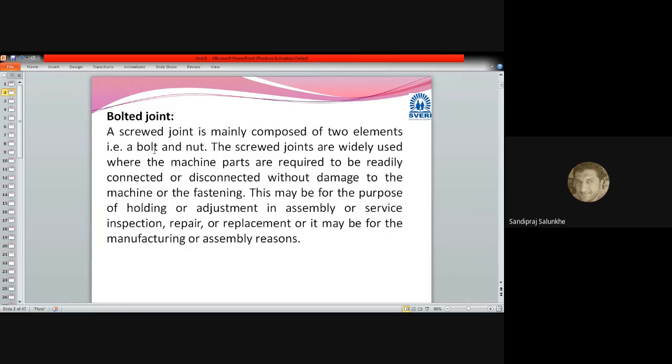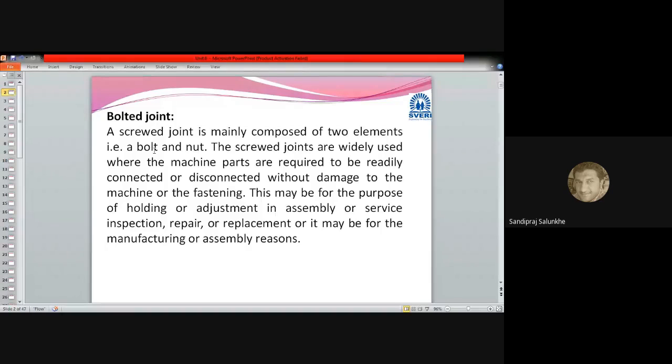Our syllabus has not included all these things, so it is assumed that you have already studied threads, and the required part we'll study in this unit. Threads play a very vital role in these bolted joints.